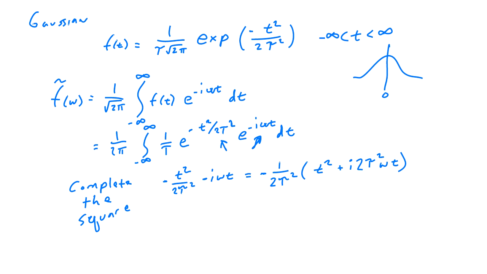Now, what I can do with this is if I add and subtract an extra term in here, this could actually look like the square of something. So I know I have the t squared. I have another term here involving a t, and so that looks like that's kind of the middle term. So I have i 2 tau squared omega t.